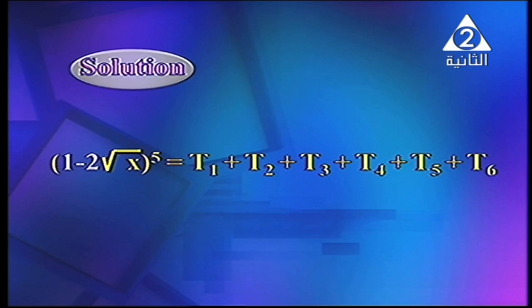Why? Because we have a bracket to the power 5. How many terms? Six terms: first, second, third, fourth, fifth, sixth term.